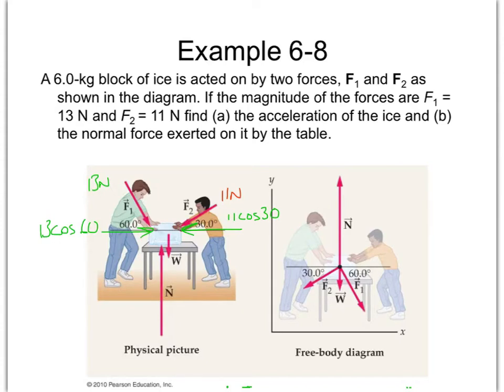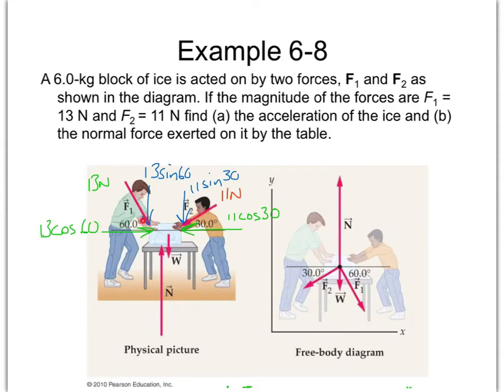You know how to find y components, right? So the y component of this boy's force, the downward force, would be 13 sine 60. The y component of this guy's force would be 11 sine 30 degrees. Okay, these forces are broken down into x and y components.